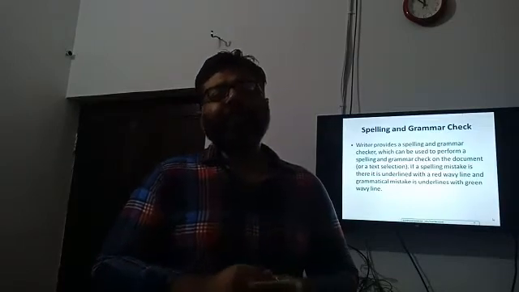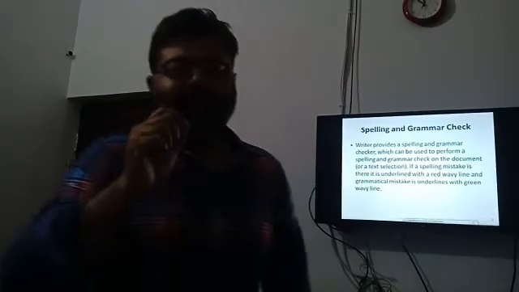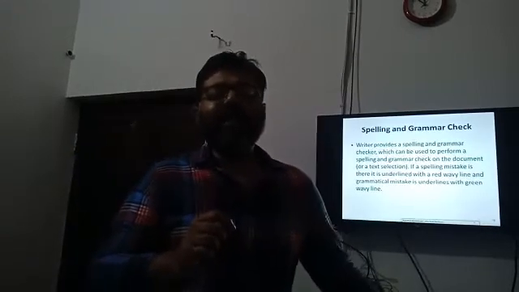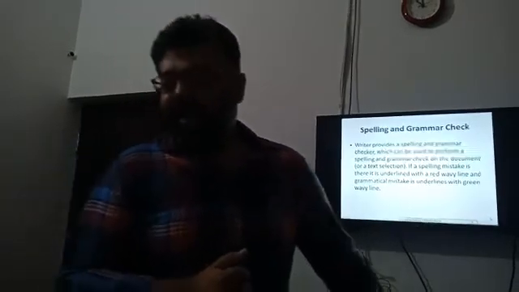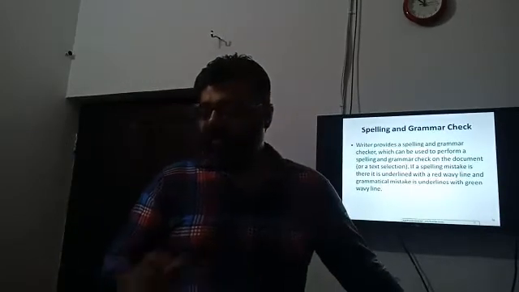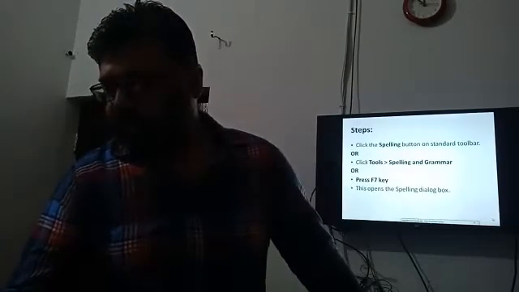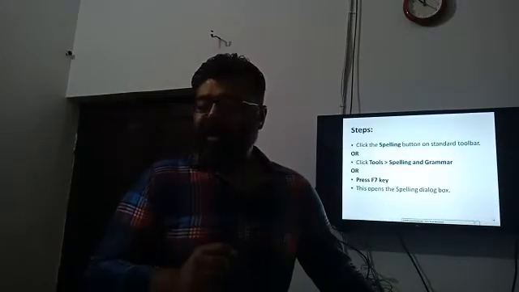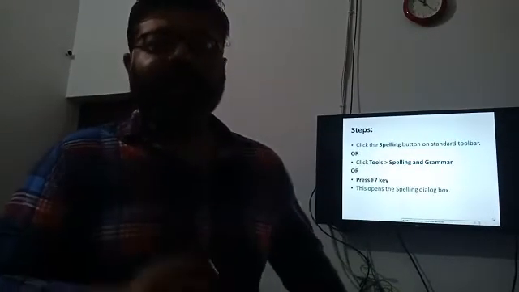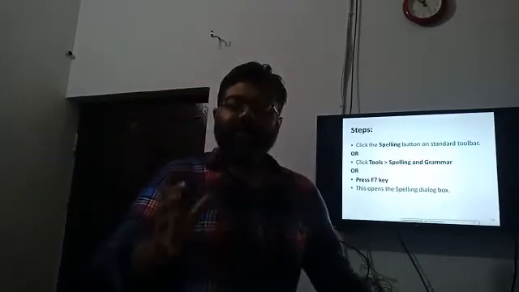So there is an option of checking, a dialog box which we can invoke to check spelling and grammar. The steps are, we have to click on the spelling button from the standard toolbar. This is the first way, the dialog box will appear.